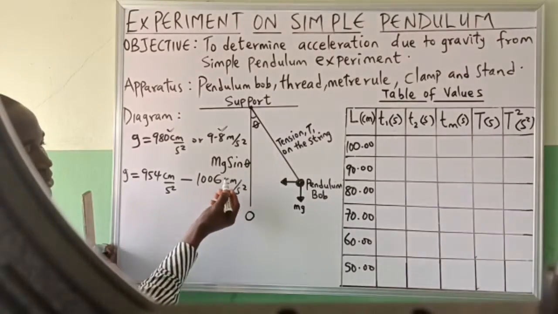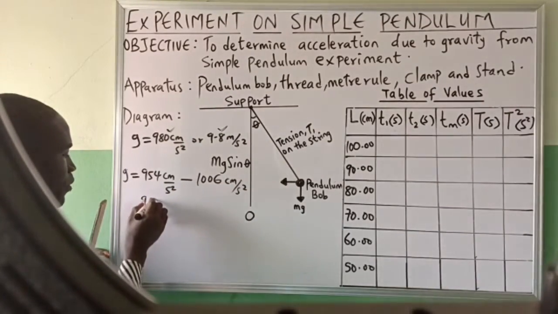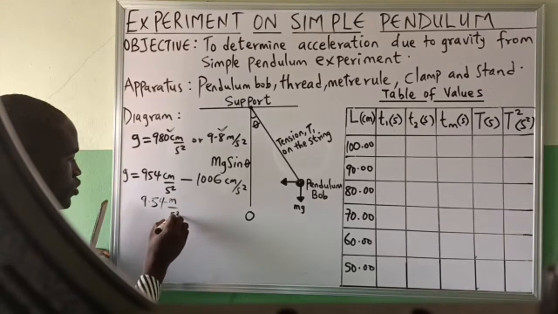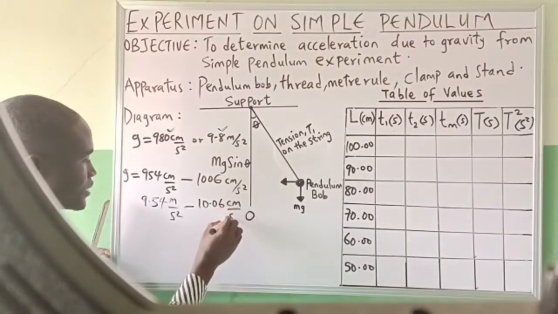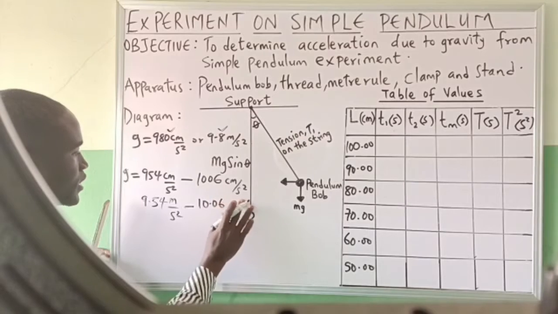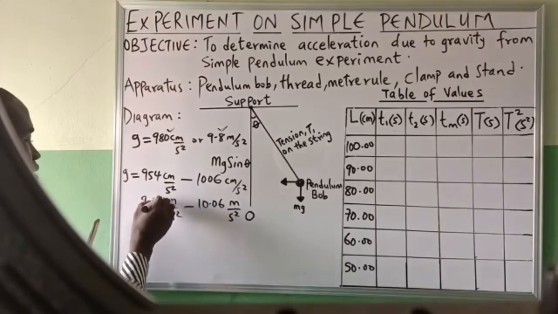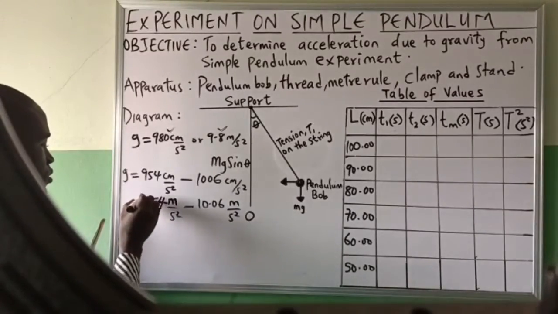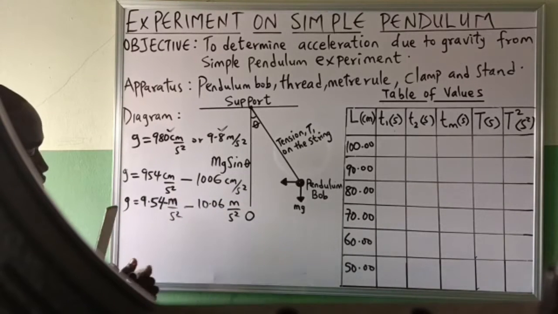If we are talking about meter per second square, you are to get 9.54 meter per second square to 10.06 meter per second square. So you have seen that these are the range of value of your g. The answer you are to get should fall within this range.